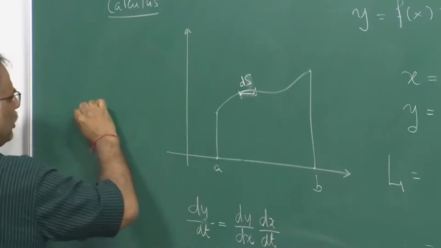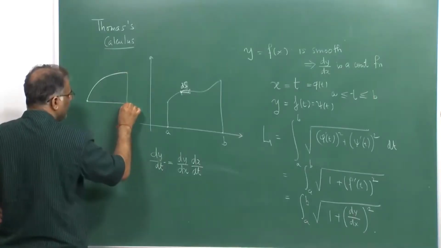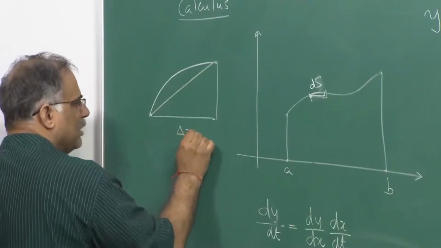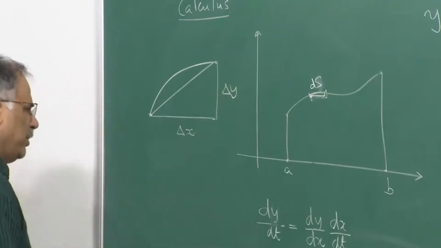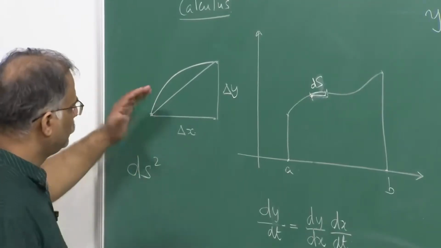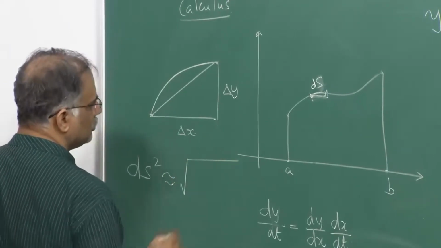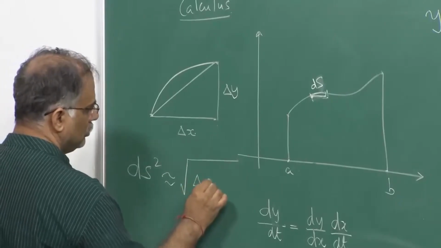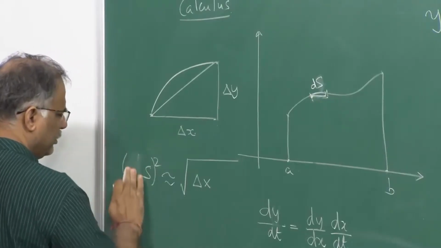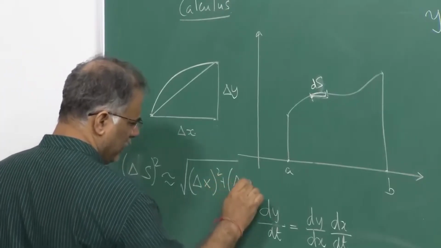If you magnify this, here is your x and here is your y, the same thing we did yesterday. So, change in x and change in y, we are approximating this length by del x and del y. We are writing that ds square, when s is very very small, is almost same as del x square plus del y square.